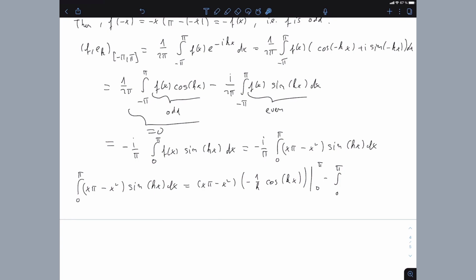And now we have the derivative of this, which is pi minus 2x, and the integral of sine, which I already put there, which is minus 1 over k cosine kx.